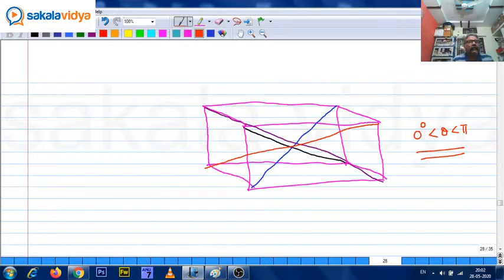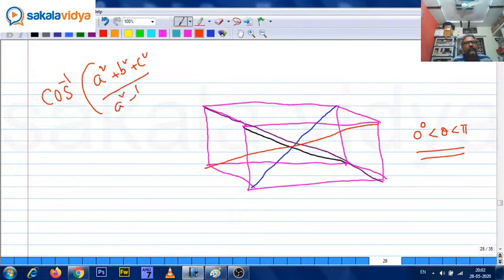You see, for example, the formula is like this. Cos inverse. You consider all positive values: a square plus b square plus c square by a square plus b square plus c square. This will be cos inverse 1, this is 0. If we take all negative signs, what happens?